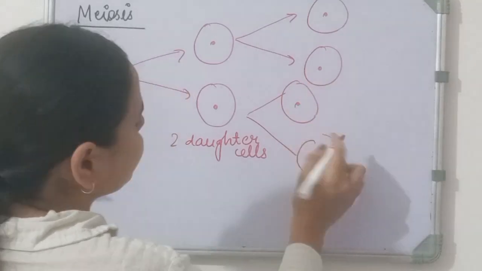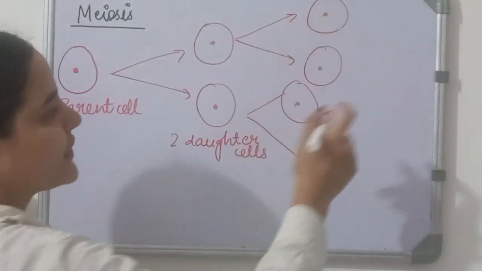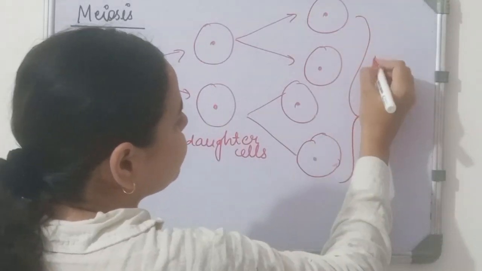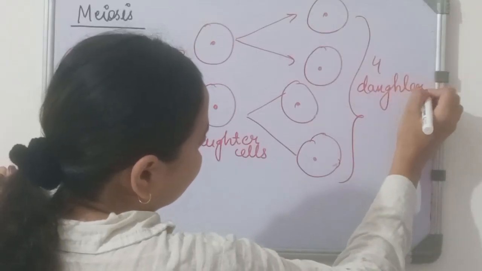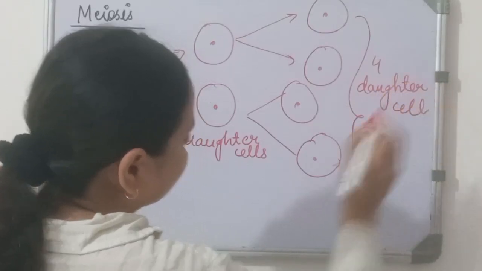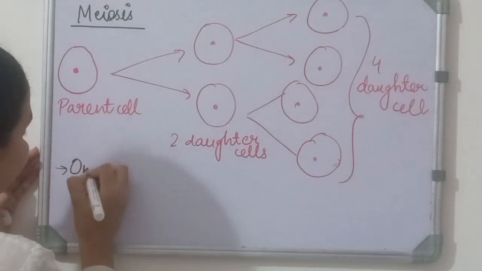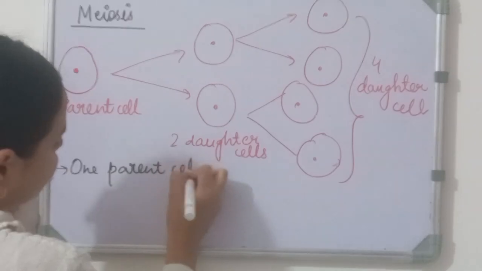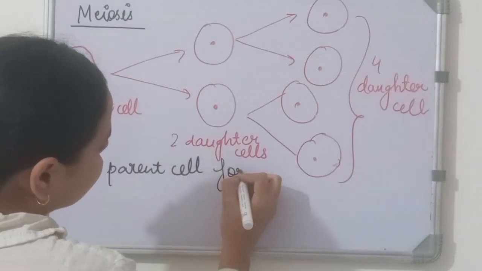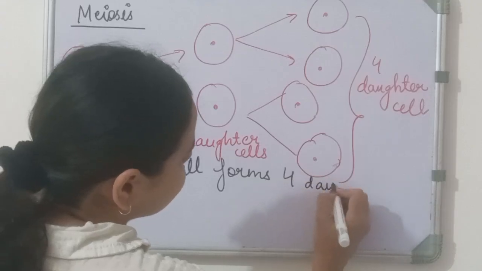So note this: from one parent cell, four daughter cells are being formed. So let's write this point: one parent cell forms four daughter cells.